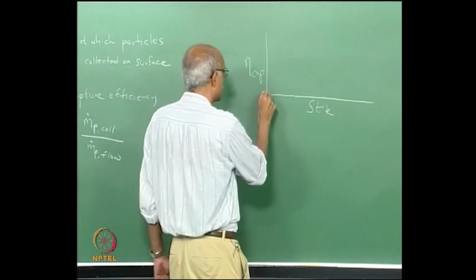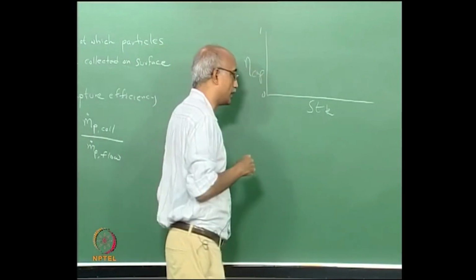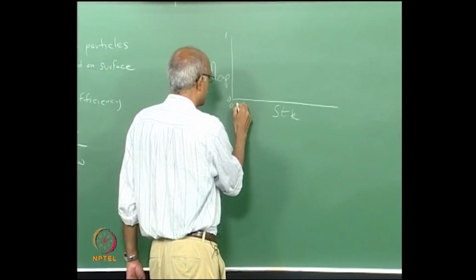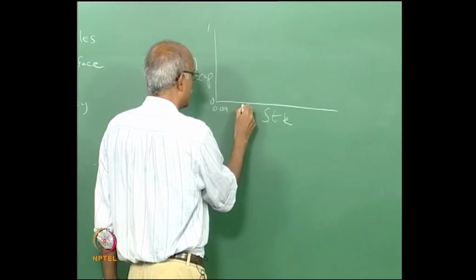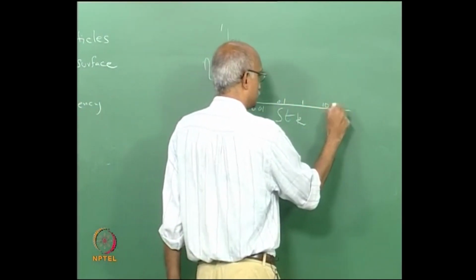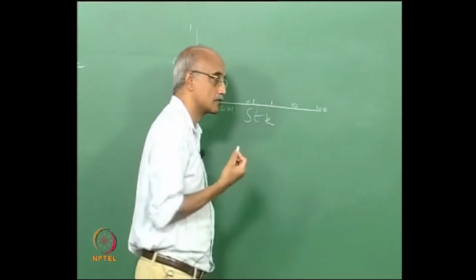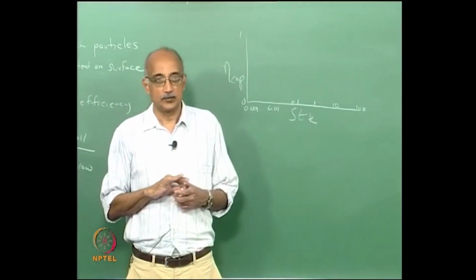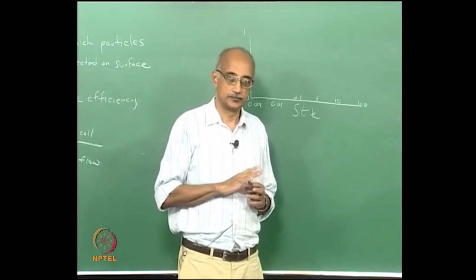Let's say that this starts from 0 and goes up to 1, and here you start from, let's say, 0.001, 0.01, 0.1, 1. What kind of a shape do you expect?